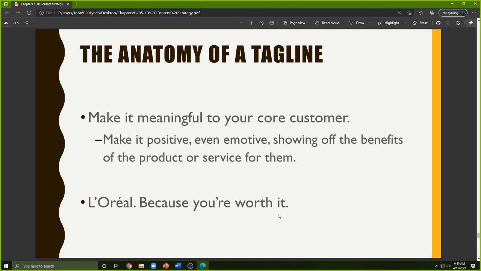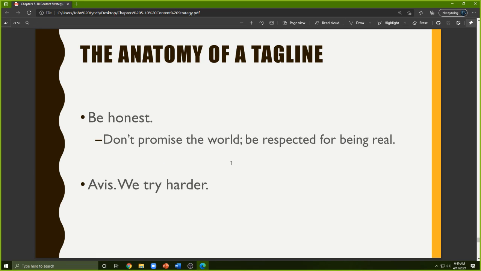So 'Because you're worth it' is a great way to tell the customer that they're worth the product that they're paying for. And it makes them feel very good about themselves too, even if they're spending a lot of money on these. So that's a really nice way of telling the customer that they're worth it, that they should keep using your product because it's a very nice brand and that they should essentially treat themselves, right? Cool.